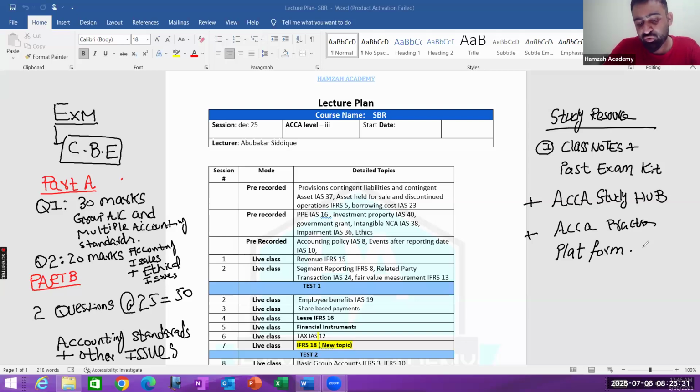So these would be the resources which I would be utilizing, and I would ask you to utilize to prepare for the SBR exam.